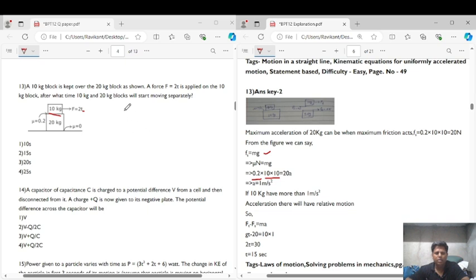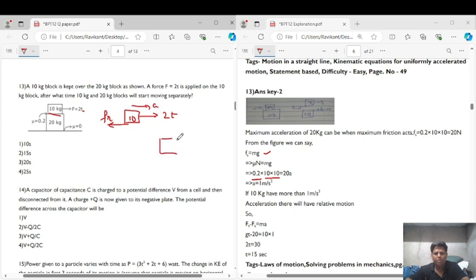See, if I draw the free body diagram, this is for the 10 kg block. The force applied will be 2T, and here it will be the frictional force, and the body is moving with acceleration.